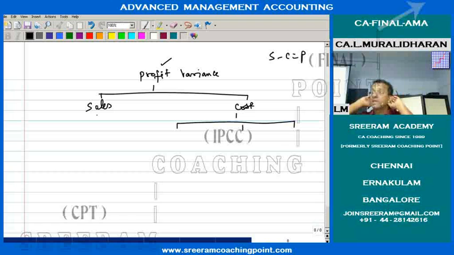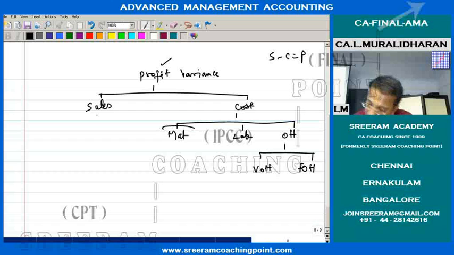So material, labor and factory overheads. In this, you classify overheads into two: variable overheads and fixed overheads.